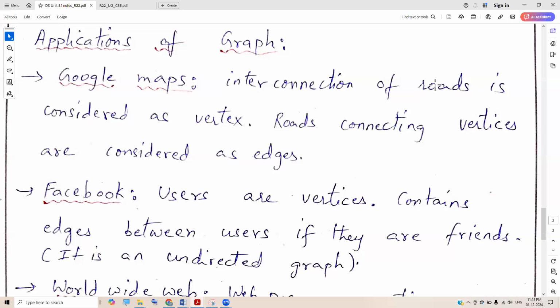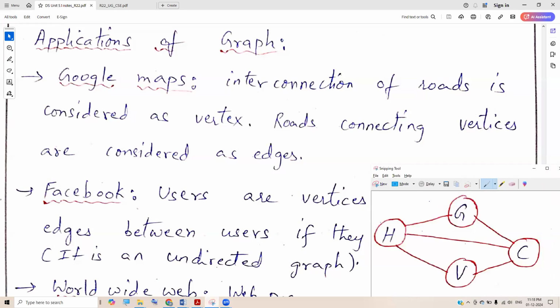Let us look at the applications of graphs. Based on the given example, I hope it is clear that an important application of graphs is Google Maps. Google Maps is based on graph theory. The edges are the roads, and the interconnections or the important cities are the vertices.